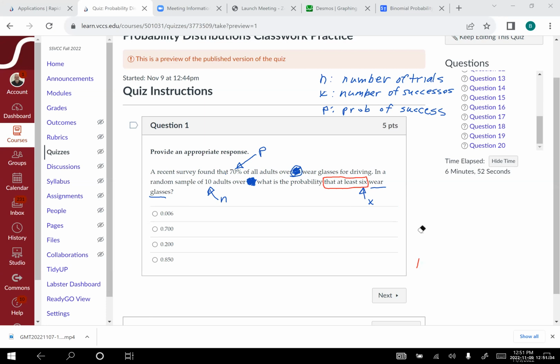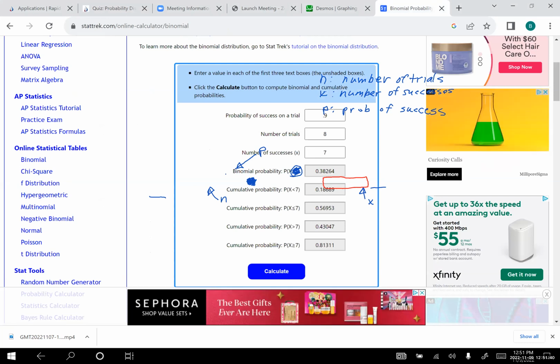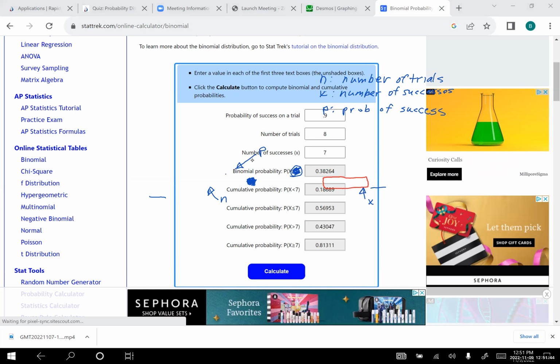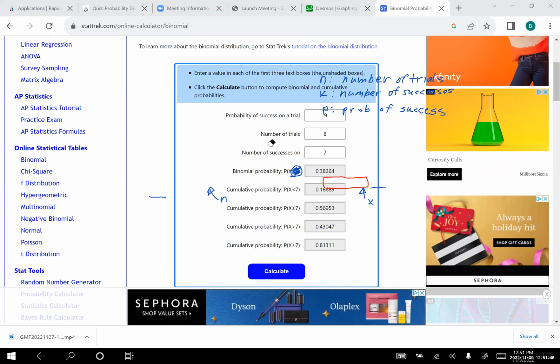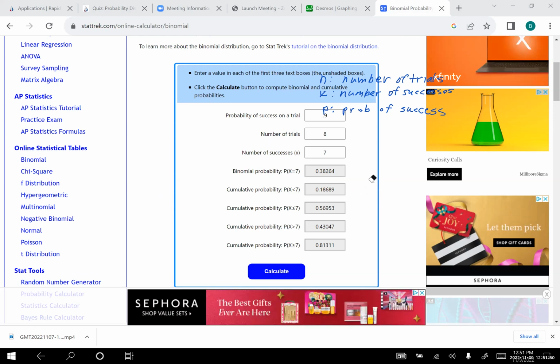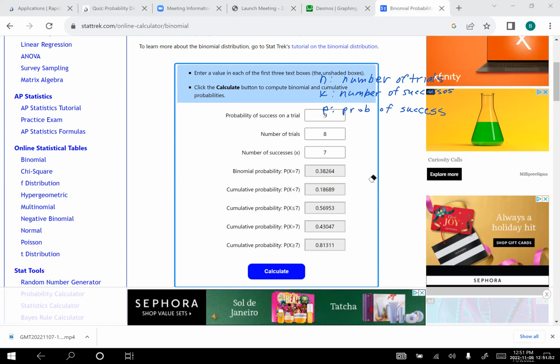So anyway, let me put it in here and see what we get. I got to get rid of this mess I've made. You guys can remember numbers for me. All right, the first one.